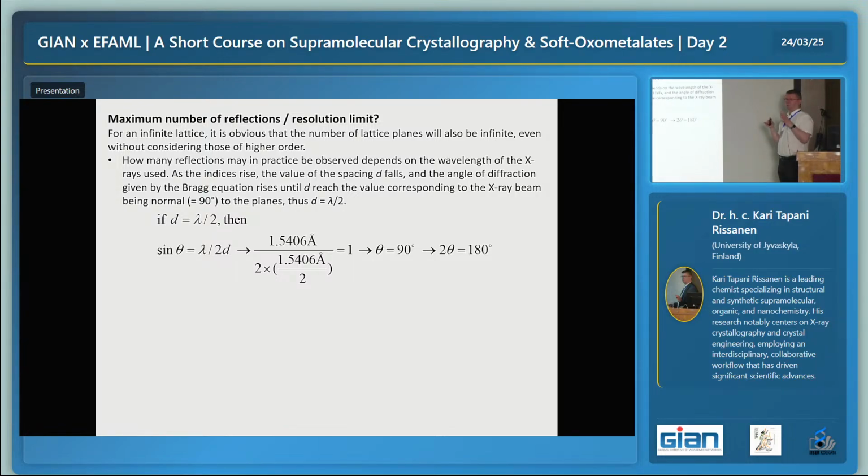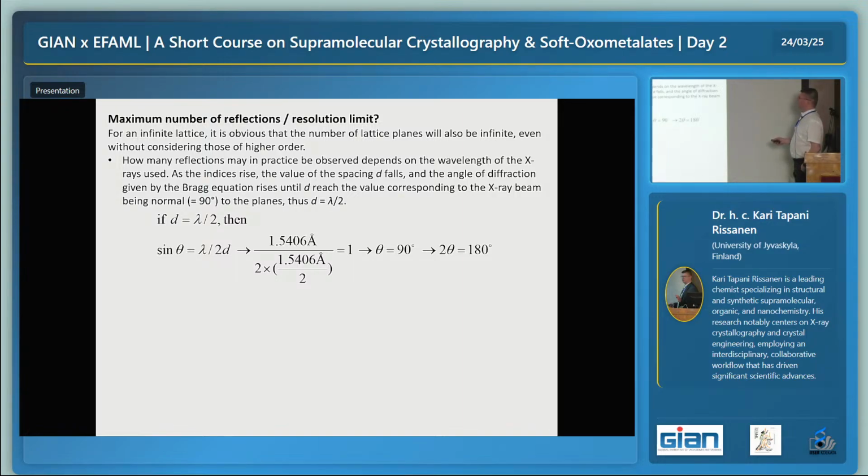This is a little bit misleading, but the phenomenon is diffraction, and what comes out of it is a reflection. So we can calculate how many reflections are possible, because how many there are depends on the distance d and the angle.